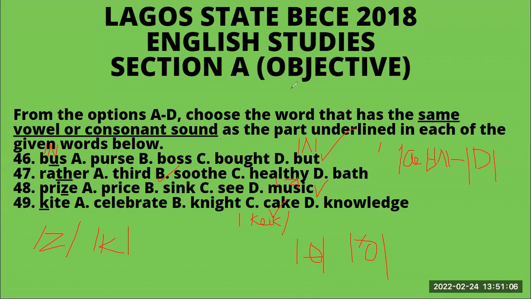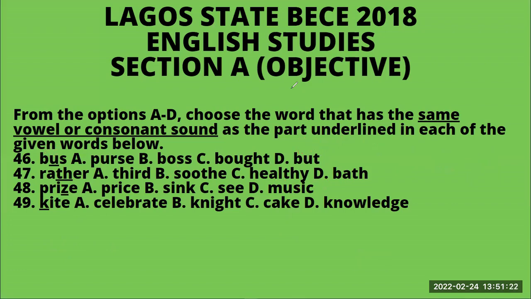So let's undo the marks so we'll be able to go to the next slide without having these marks to contend with. All right, so okay, let's now go to the next slide and we shall be answering questions on rhymes.